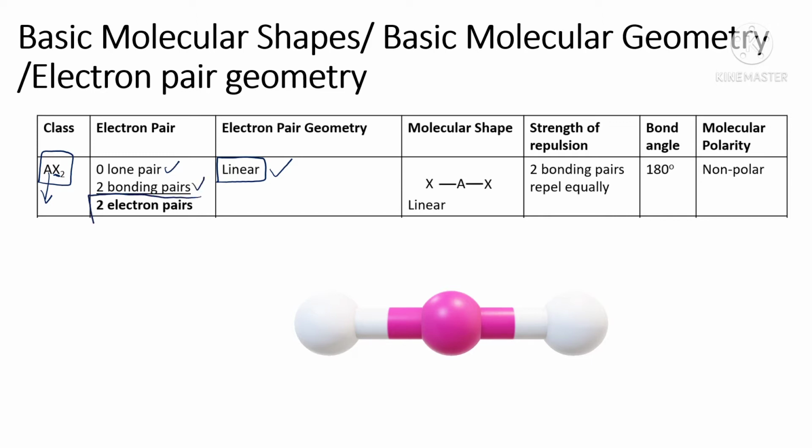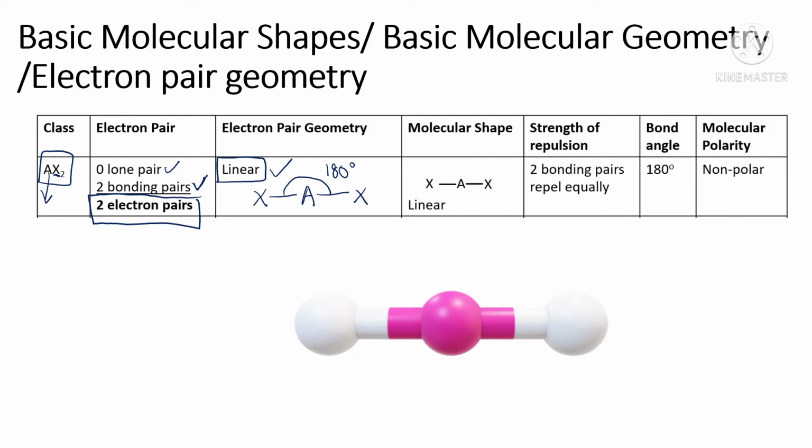Therefore, there are 2 total electron pairs around the central atom, and both are bonding pairs. According to VSEPR theory, these 2 bonding pairs need to stay as far apart as possible in order to minimize the repulsion. Therefore, they will stay 180 degrees apart.